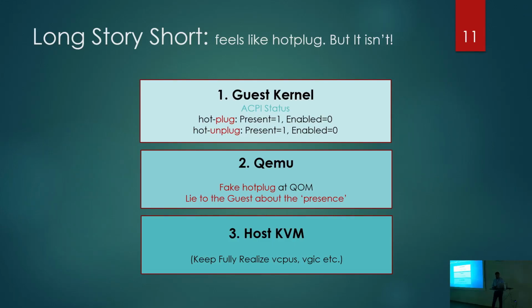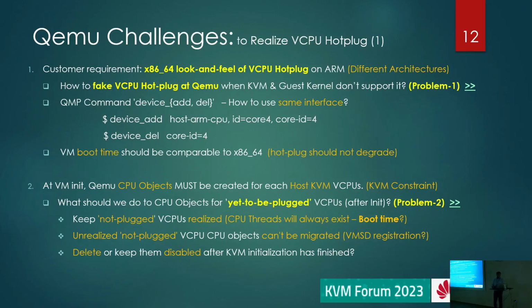The second part is what I'm going to cover very quickly. What are the challenges we have? The challenge is, of course, the look and feel of the vCPU hotplug we have. We cannot change it; we have to use the same set of interfaces. What that means is the CPU objects which are getting created as part of this somehow need to fit into the existing initialized components.